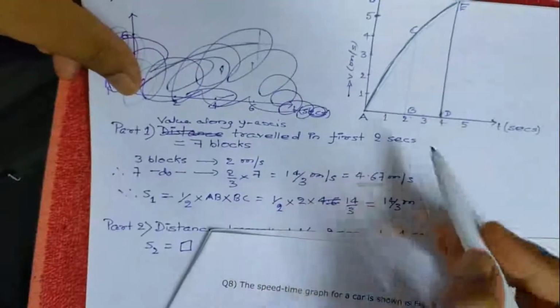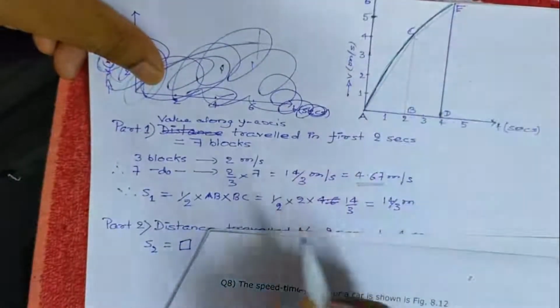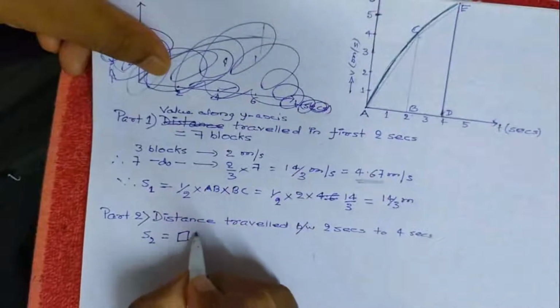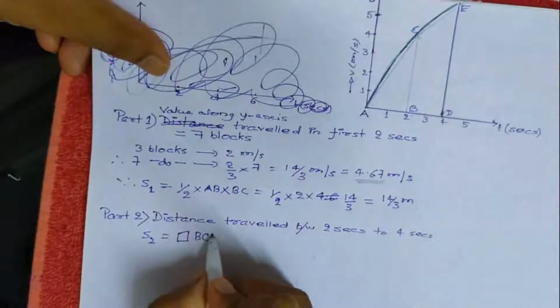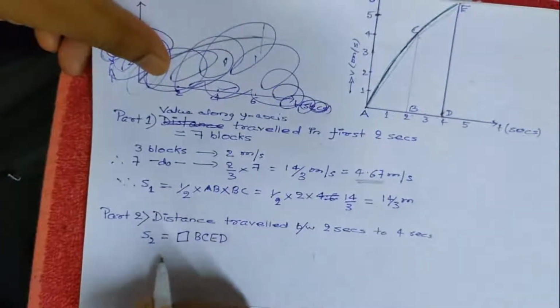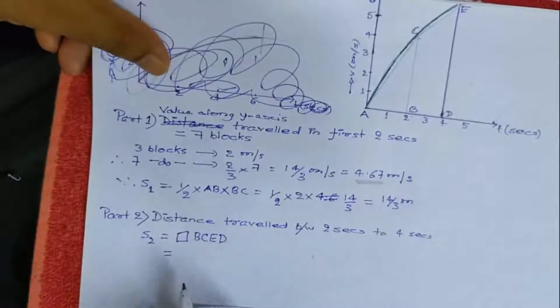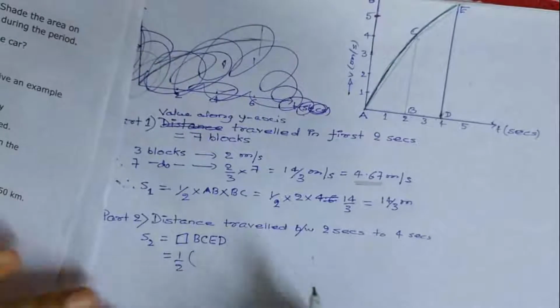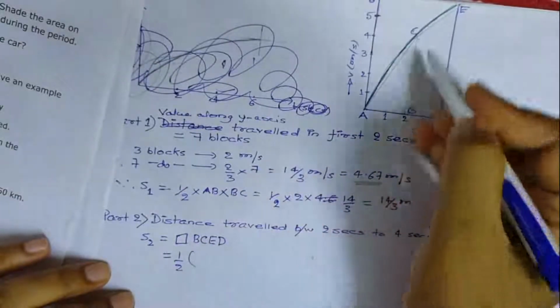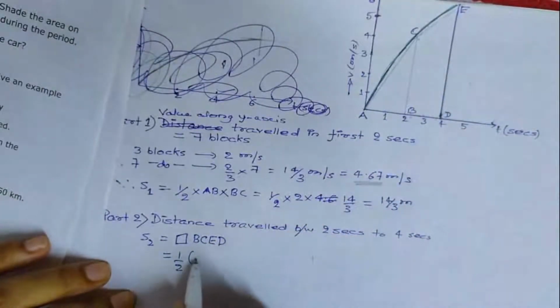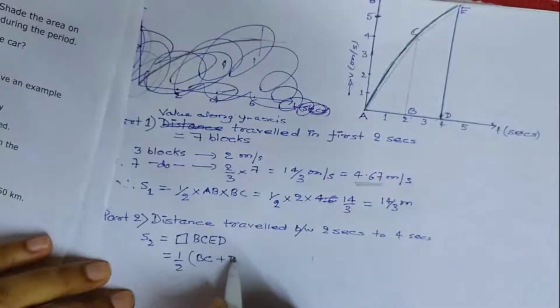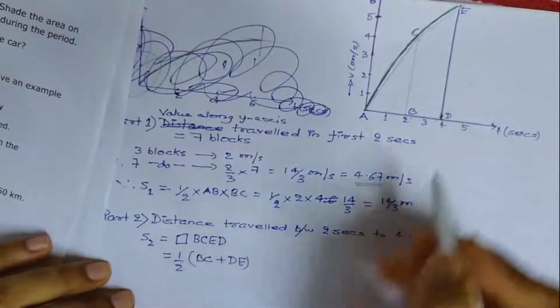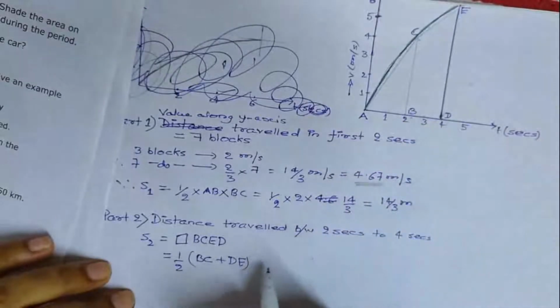We know the formula: half into sum of the parallel sides. What are the parallel sides? BC and DE. So BC plus DE, into height. Height is BD.